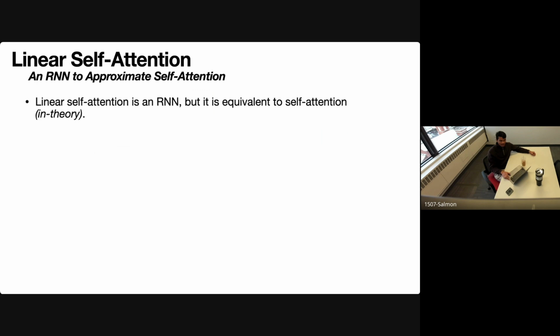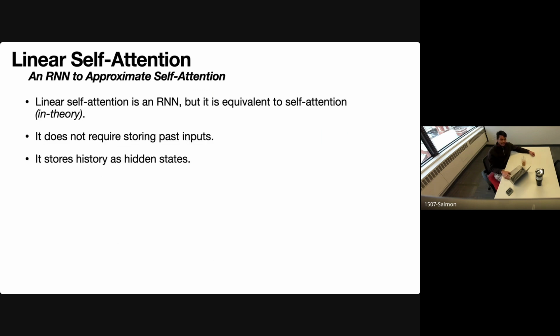So in theory, it seems like the linear transformer is an RNN. It provides an equivalent self-attention mechanism. It does not require storing the past inputs, and it stores the history as hidden states instead of directly storing the entire input sequence. And it has a context-independent computational cost.